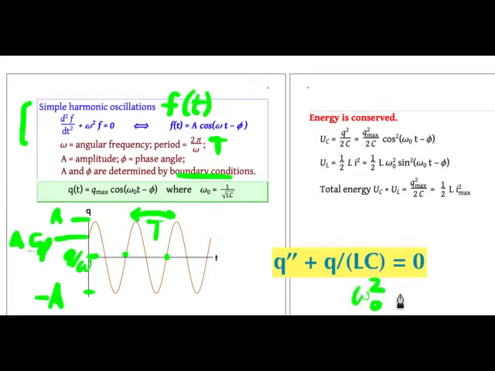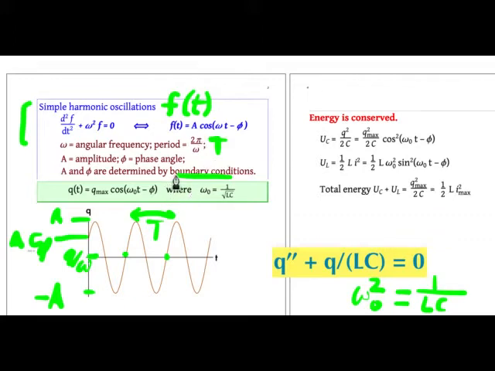So omega 0 is the natural frequency. Omega 0 is 1 over the square root of LC. Omega 0 squared is 1 over LC. That's the natural frequency. And that's the solution of the problem of the LC circuit.